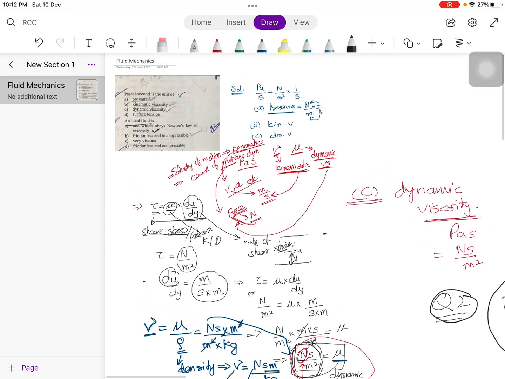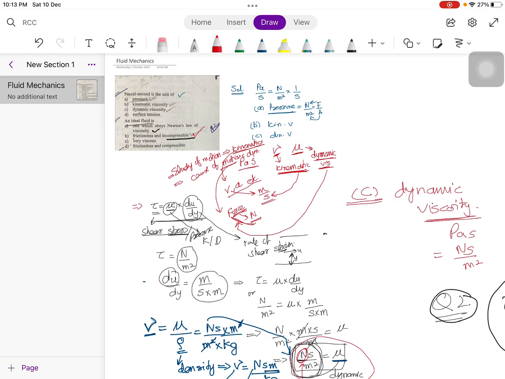The second option is an ideal fluid is frictionless and incompressible. So this is the real definition of an ideal fluid. An ideal fluid is one which is frictionless and incompressible.